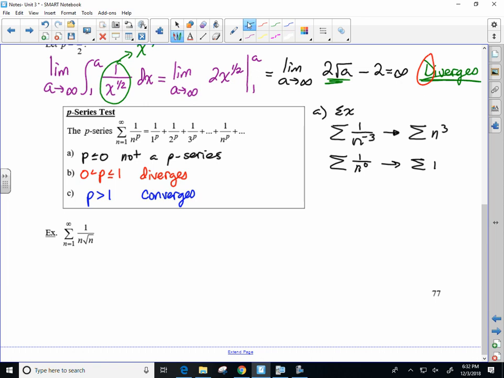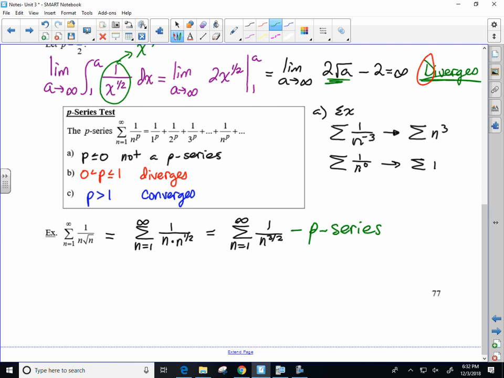use an integral test for this, comparison test or anything like that. What we have to do is manipulate it algebraically a little bit. Write the radical n as n to the 1/2 power. Keep the base, add your exponents. And you can see that this is now a p-series.